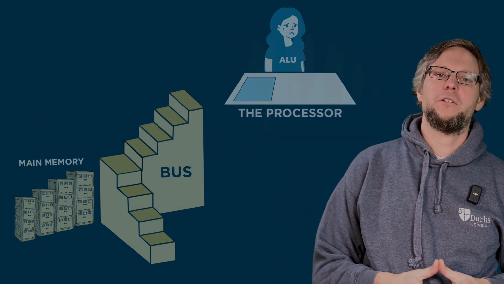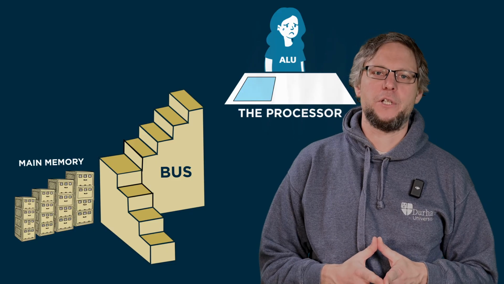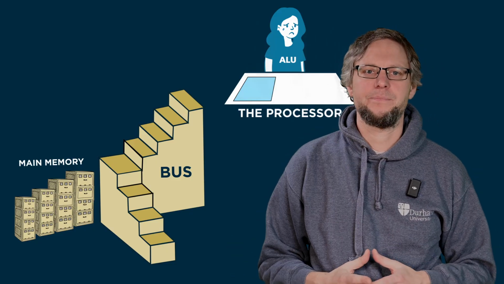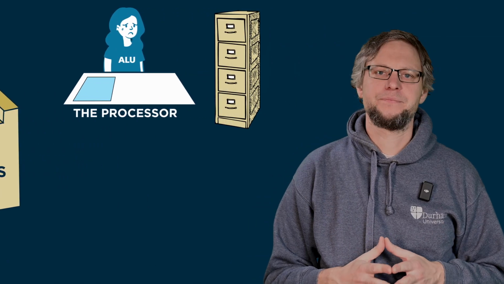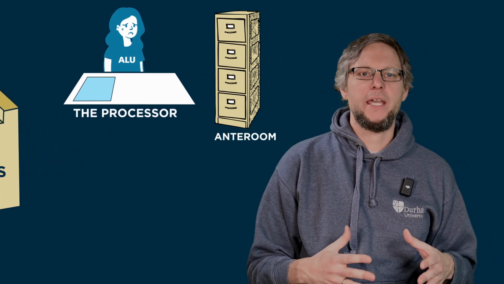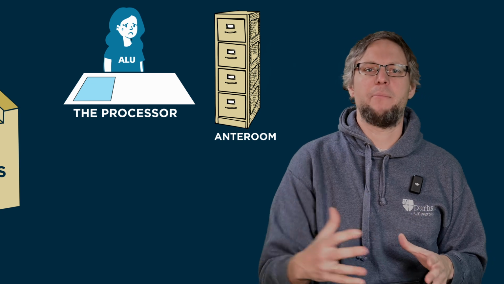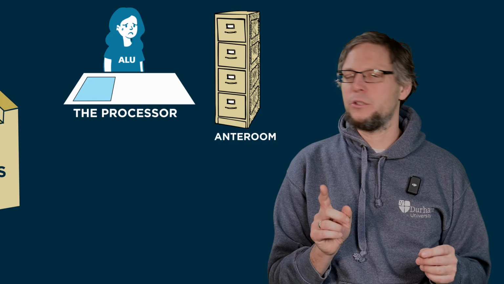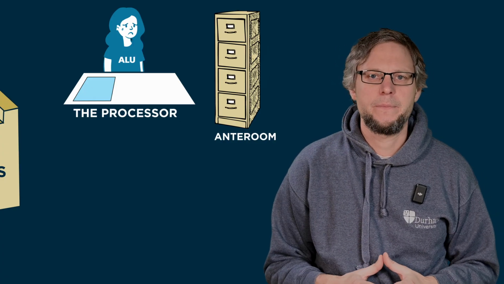To improve the situation, we can introduce an intermediate storage space, a smaller, closer room right outside the office. Let's call it the anteroom. This anteroom allows Mrs. ALU to store a handful of files nearby, so she doesn't always have to make all the long trip down into the basement.